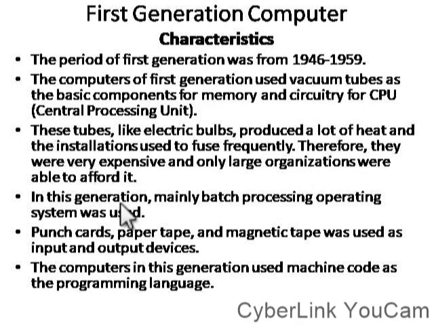Third point, the vacuum tubes used to fuse frequently. They are just like electric bulbs and they used to fuse frequently. So you can imagine how expensive and costly its maintenance will be.